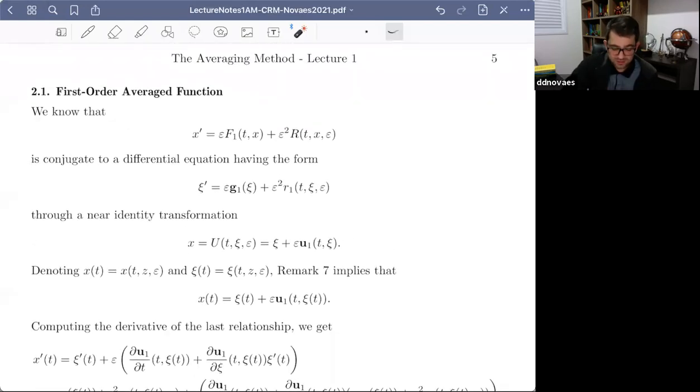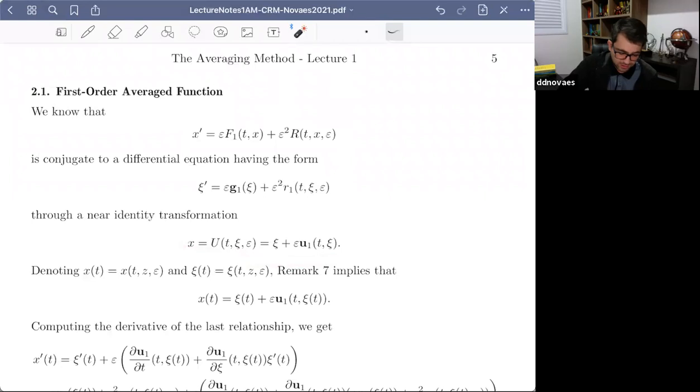By the previous theorems, we know that this difference equation is conjugated to this difference equation through this change of coordinates, this transformation, change of variables. So those difference equations are conjugate to each other through this transformation.